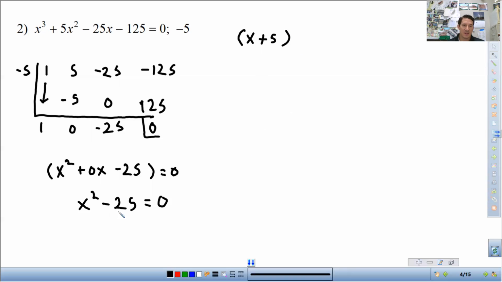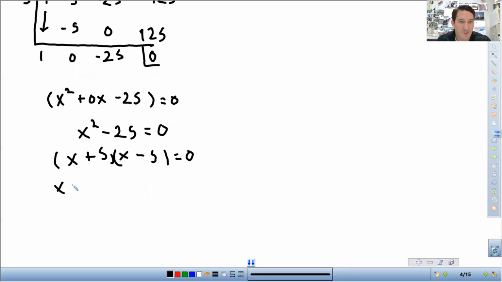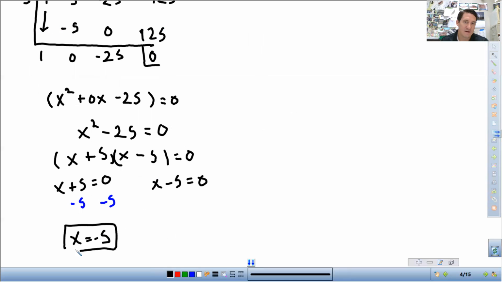I just need to factor this. This is a difference of squares, so it factors into the square root of the first, plus or minus the square root of the second. When we solve that, we get x plus 5 is equal to 0 and x minus 5 is equal to 0. Subtract 5 here, you get x is equal to -5. Add 5 here, you get x is equal to +5.